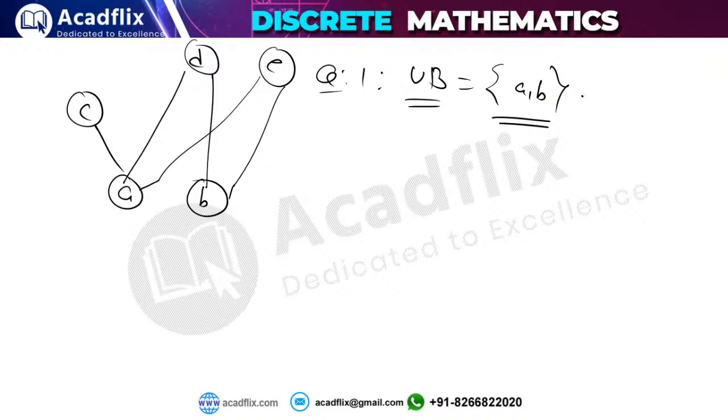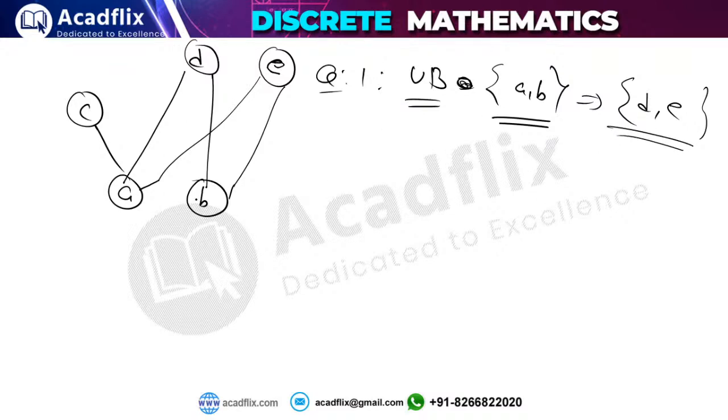So the upper bound of A, B will be very easy: D, E. This will be the upper bound, because upper bound means godfather.